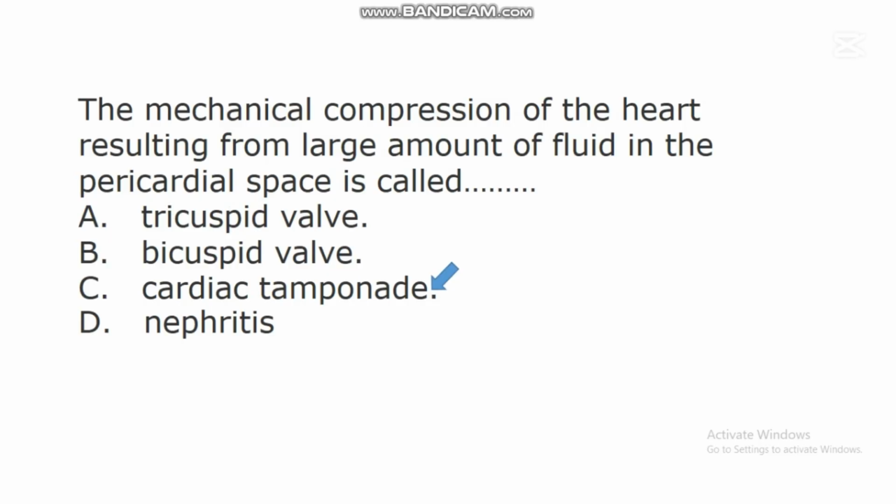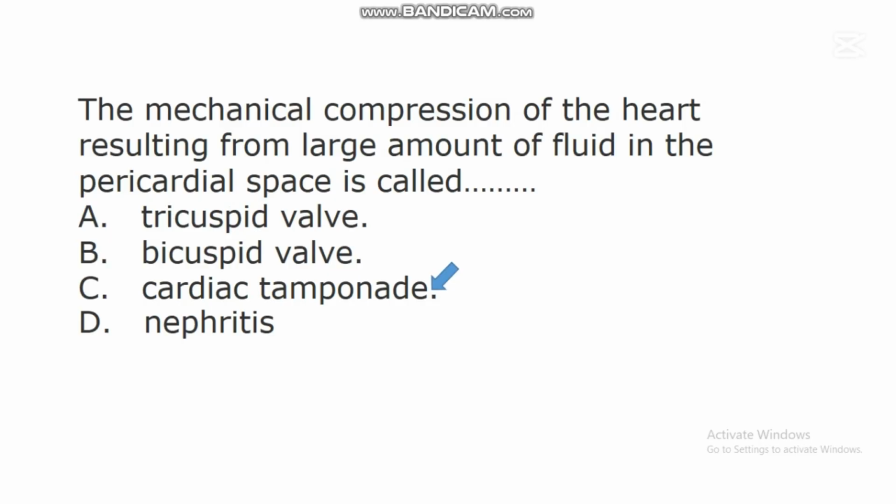pericardial space. There is a membrane known as pericardium. This pericardium is a membrane that envelopes the heart, and studies have shown that this membrane produces what we call pericardial fluid, which is a fluid that cushions the heart, and it also prevents any form of friction that can occur between the heart and the surrounding tissues.